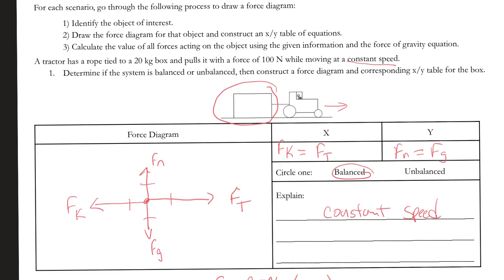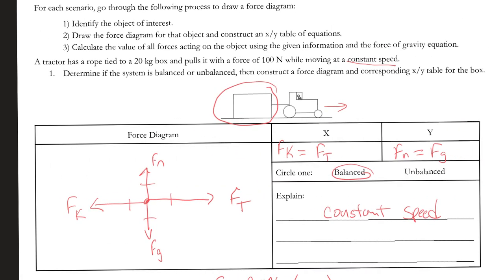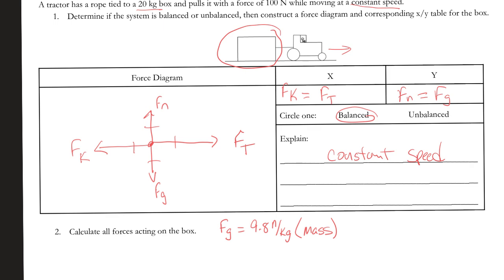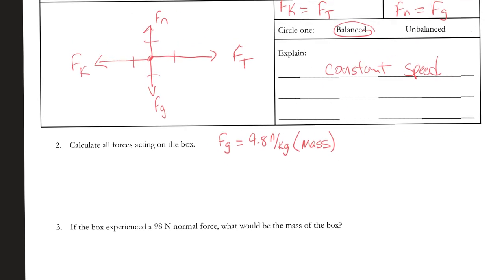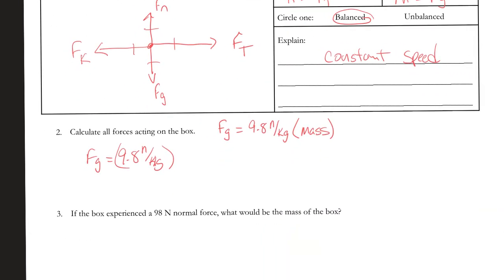I know what the mass is. It's a 20 kilogram box. So that's what I'm going to need for this one. So force of gravity is going to be equal to 9.8 newtons per kilogram, multiplied with my mass, which was 20 kilograms.